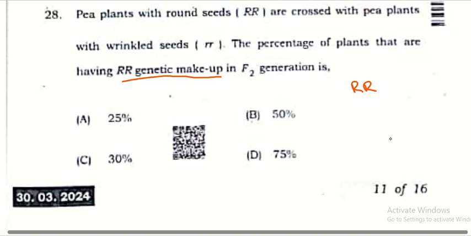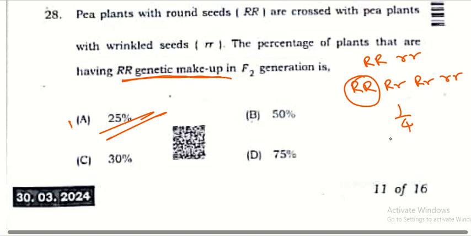In the F2 generation we get capital R capital R, capital R small r, and small r small r. So the RR genetic makeup is only 1 by 4, that is 25%, which is the correct answer. Option A is the correct answer.